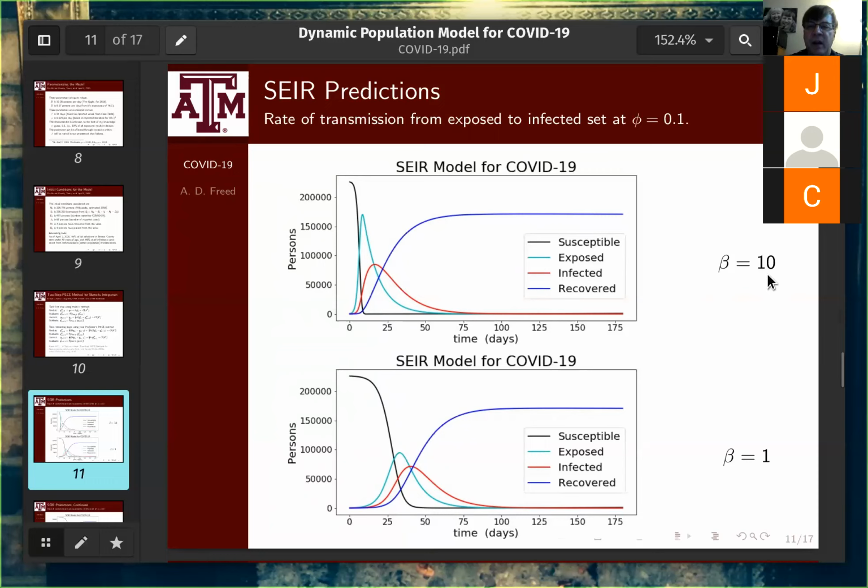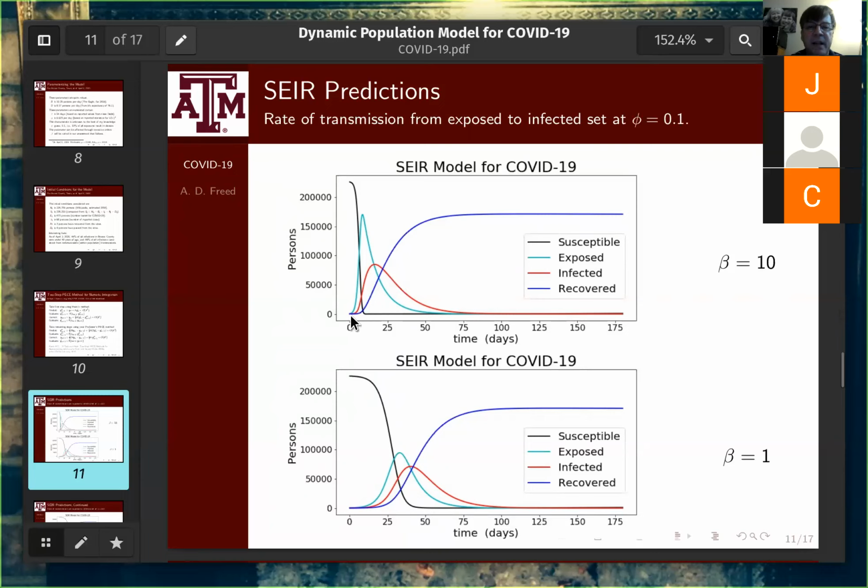In other words, the average person in the population has 10 interactions with other persons in the population. So everybody on average is in contact with 10 other people. And what you find is that the susceptible population falls off very quickly to effectively 0.